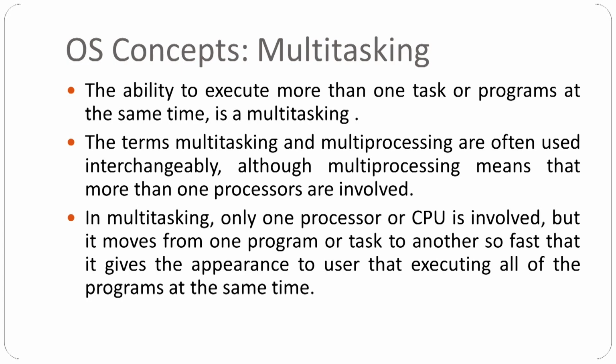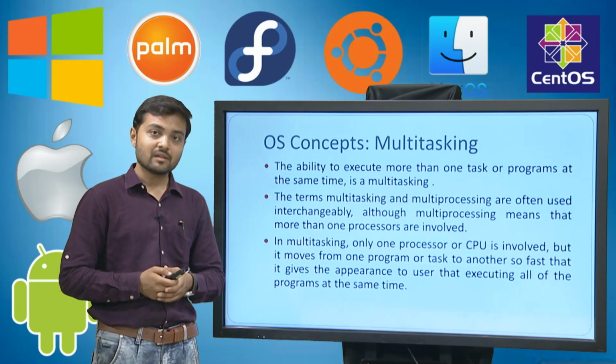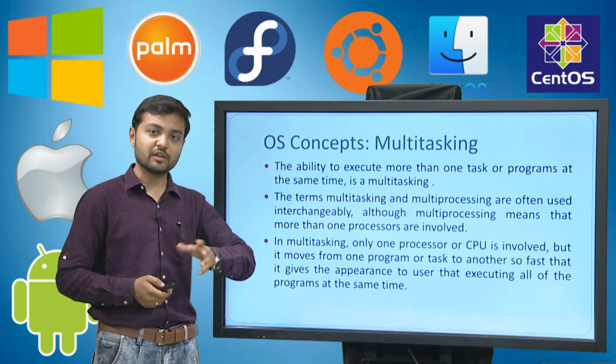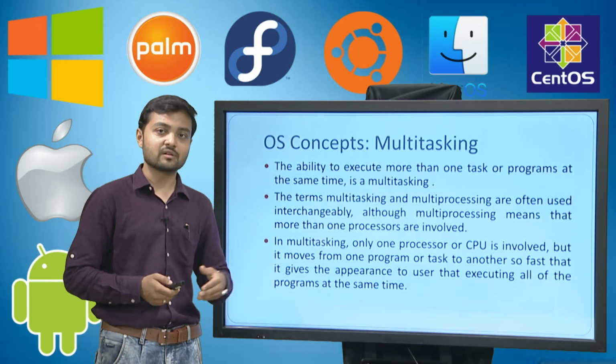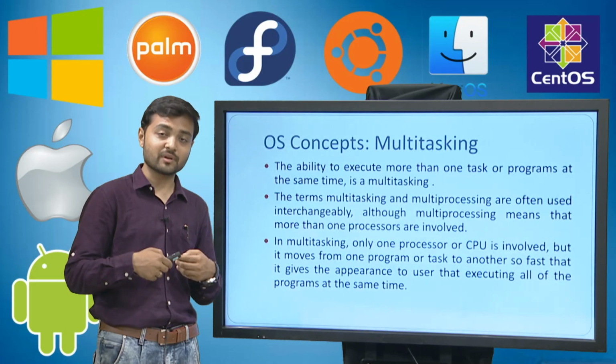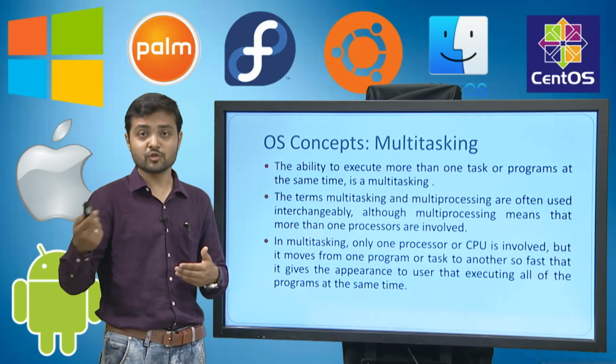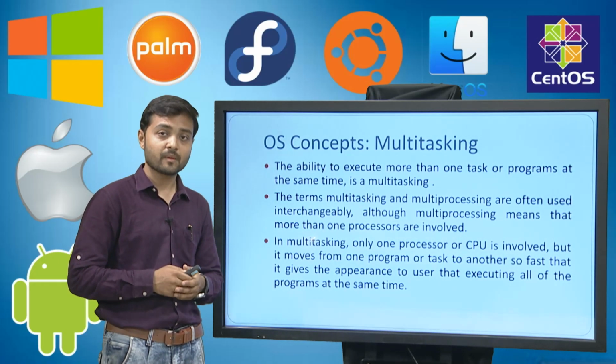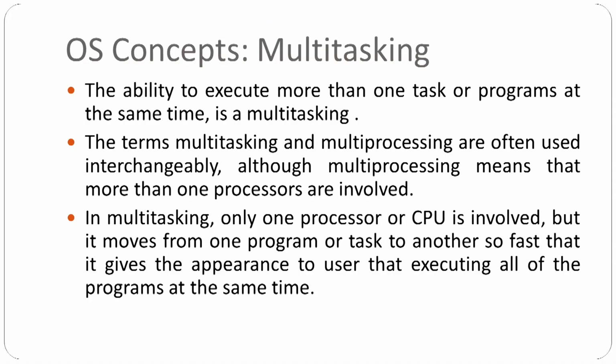In multitasking, only one processor or CPU is there, and only one process can access that CPU, but that access management, that scheduling is so efficient that the user will not know that other users are also there to use the processor. So in multitasking only one processor is involved, but it moves from one program or task to another so fast that it gives the appearance to the user that it is executing all of the programs at the same time.